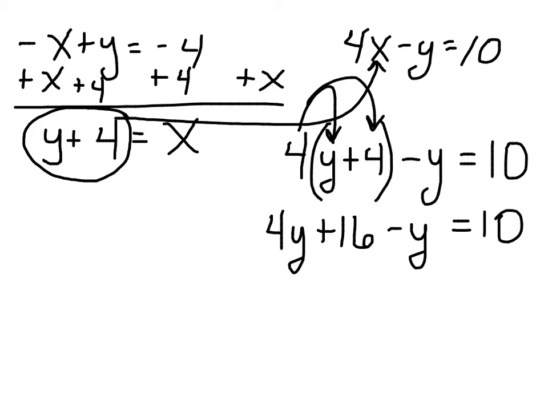The 4y and the minus y are on the same side. You do not add the y over because they're on the same side. You just combine like terms. What's 4y minus 1y? 3y. Good. Now what?